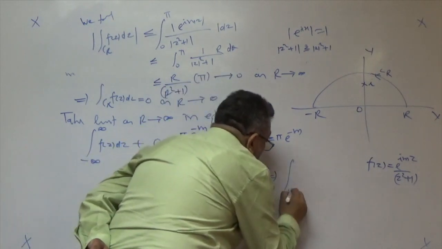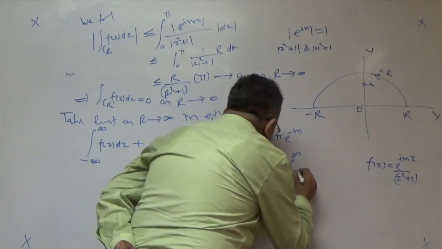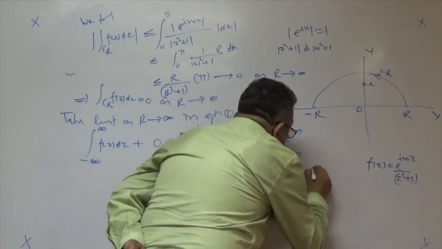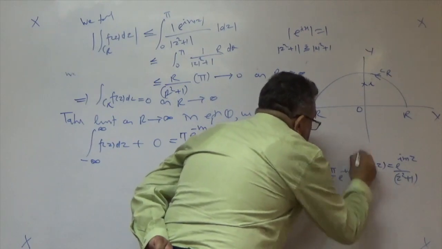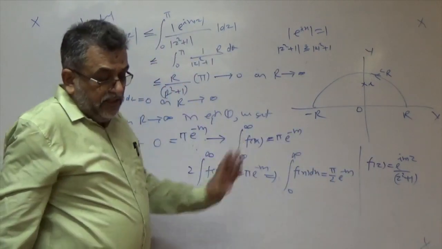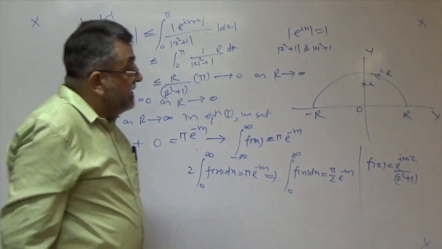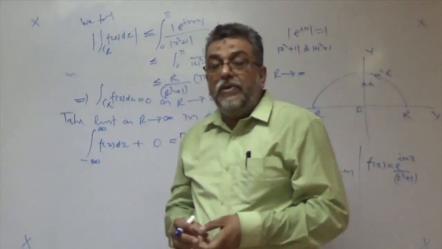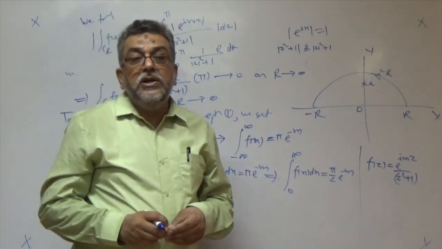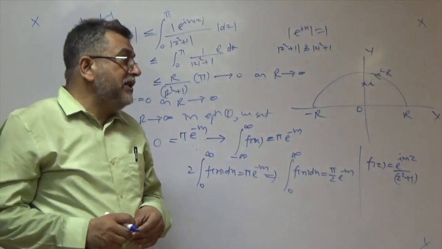Finally, you get your required integral from 0 to infinity of f(x) dx equal to pi by 2 e to the power minus m. This is the final answer of the integral. So this is a type of real integral, and those can be solved by using the residue theorem.